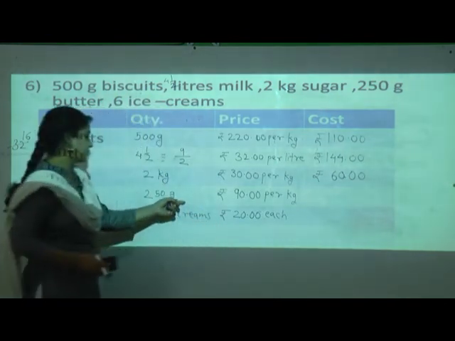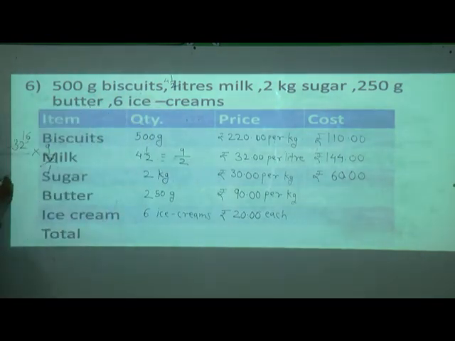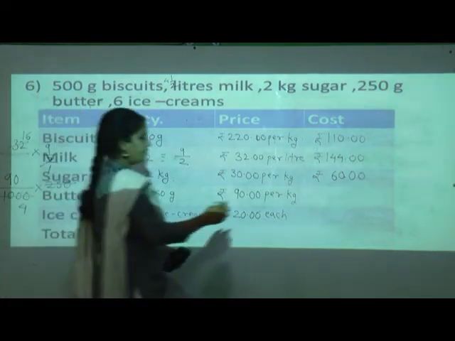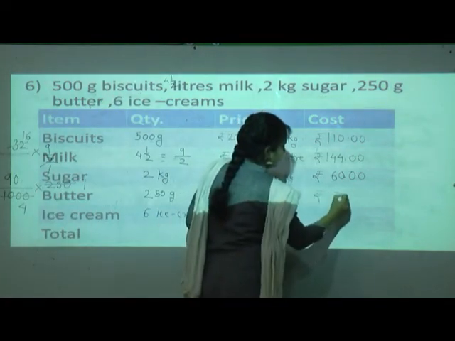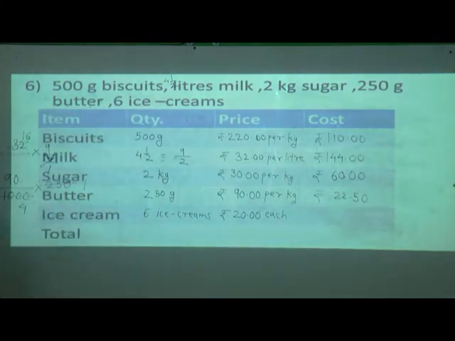Here also 90 per kg. That means you can multiply and divide 90 by 4. What will be the answer students? Yeah, 22.50. Now here 6 ice creams.